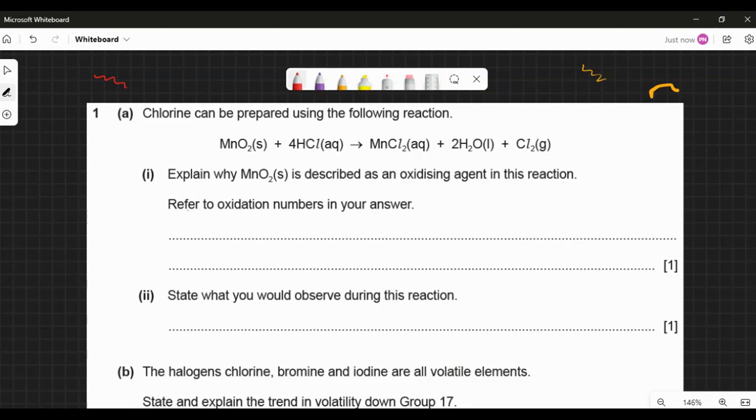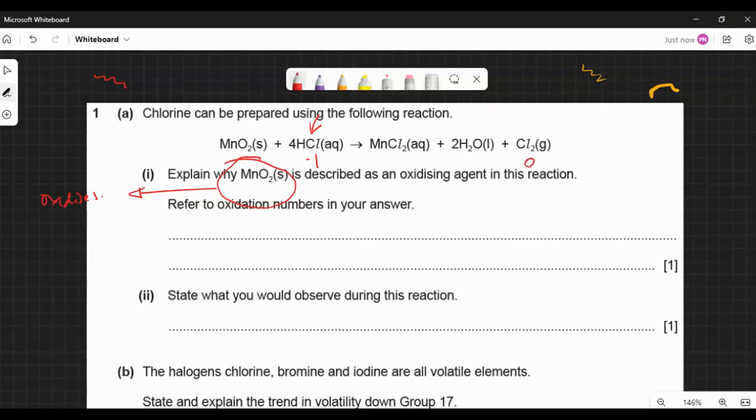Yeah. All right. So explain why manganese dioxide here is described as an oxidizing agent in the reaction. Now, obviously, we've got to prove this oxidizes something. Okay, so let's have a look. If we look at the chloride here, this has an oxidation state of -1 there. And if you look at the chlorine on the right, it has an oxidation state of 0.